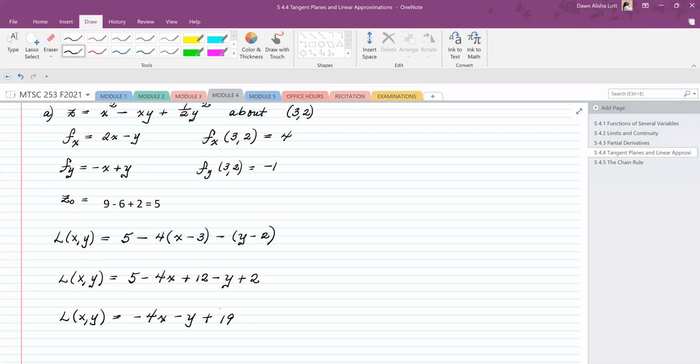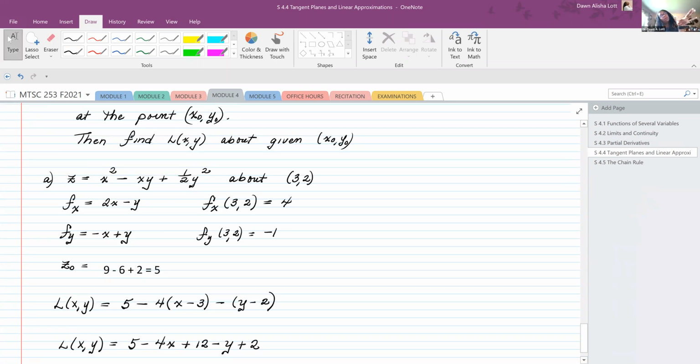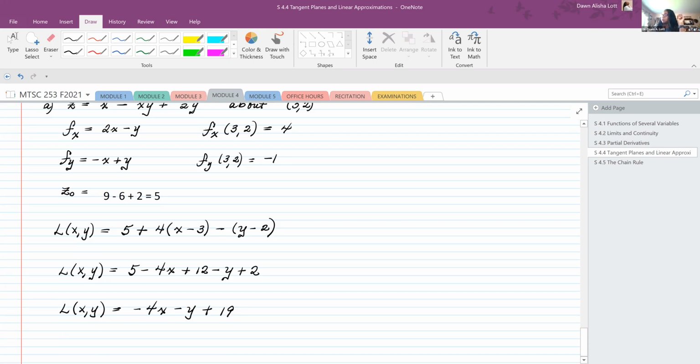So L should be Z naught plus F sub x, which is 4. Oh, no, that's wrong. This is a 4.